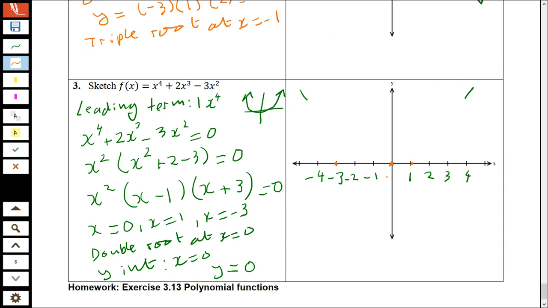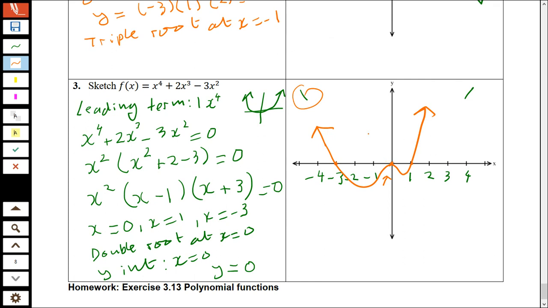Okay, now don't forget, at this point here, you're going to have a double root. So let's draw it. I know where I'm starting. Here we go. So starting in this quadrant, and then turning point, because it's a double root. Then back up through here, and there we go. That's what it looks like.